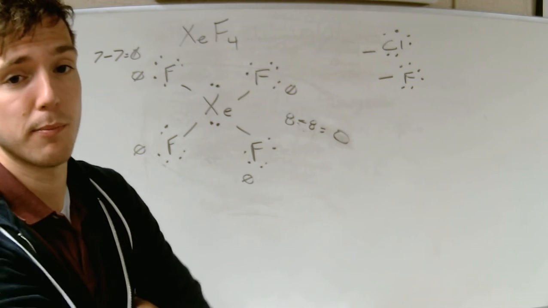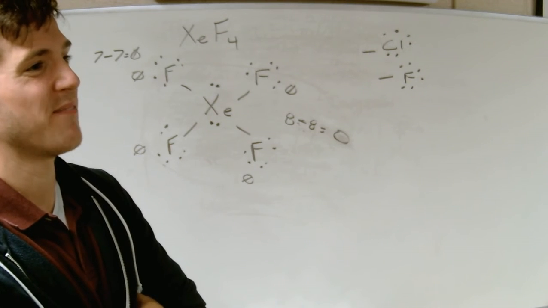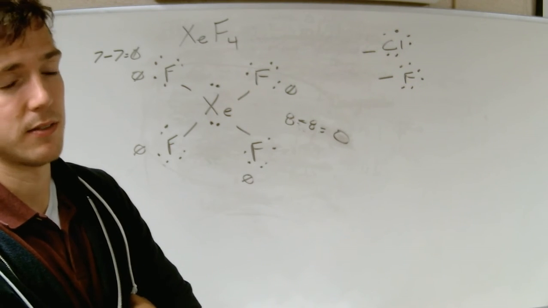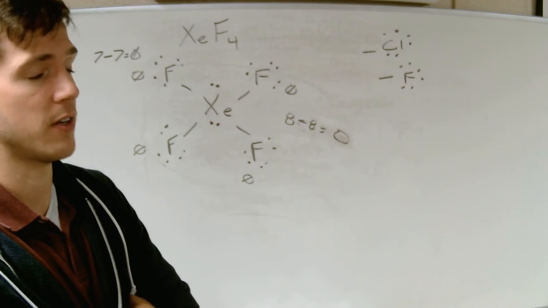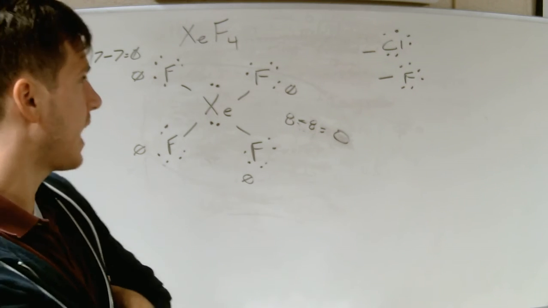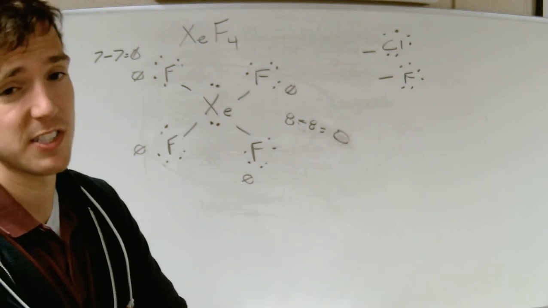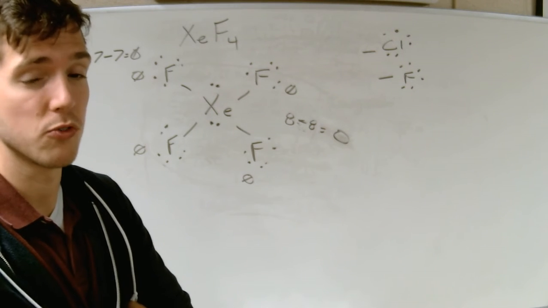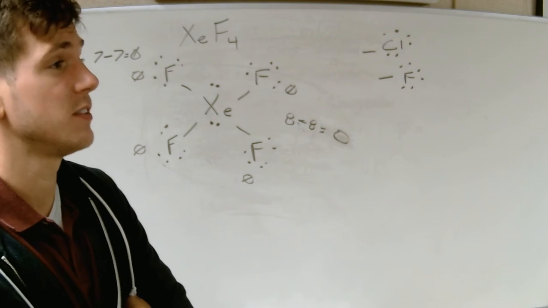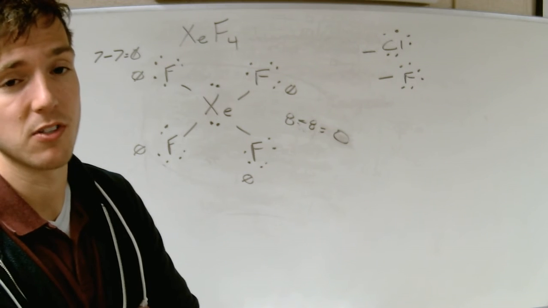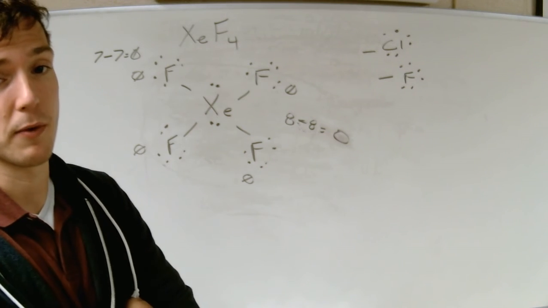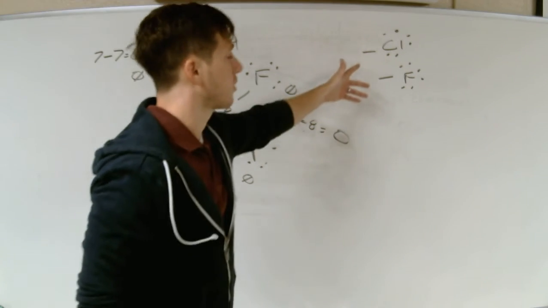It's really far down on the periodic table, so that means that it can have a bunch of electrons. I know this is crazy. There's a lot of exceptions. There's no straight up rules for it, but all we can do is use our formal charges to help us along the way. The main thing to remember is that fluorine follows the octet rule.